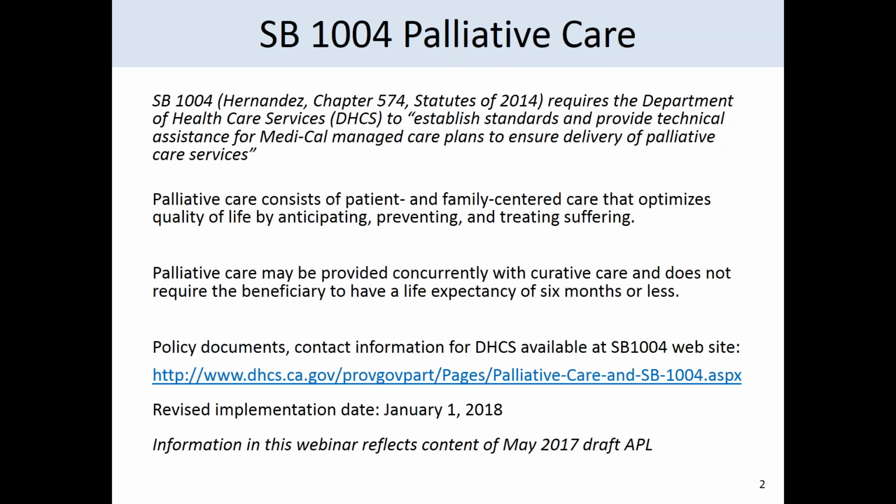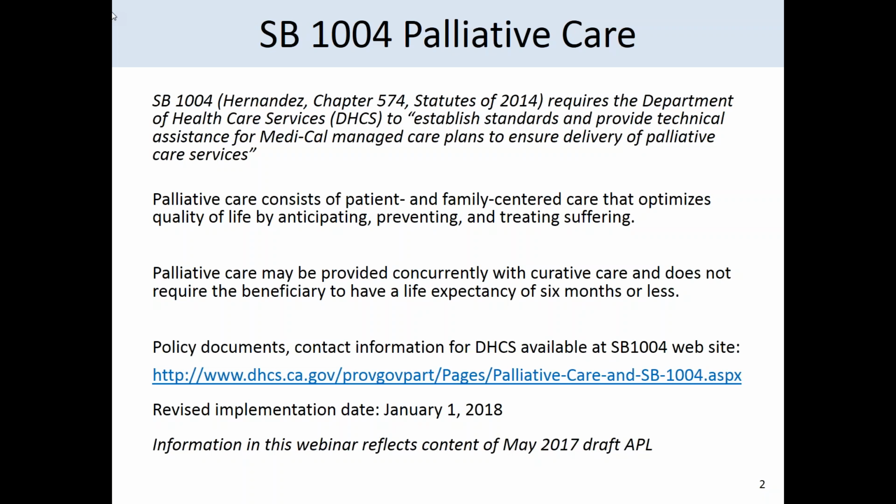Just as a reminder, I assume if you're on the call, you're pretty familiar with SB 1004. But just in case, Senate Bill 1004, which was signed into law in 2014, requires the Department of Healthcare Services to establish standards and provide technical assistance for Medi-Cal managed care plans to ensure delivery of palliative care services.